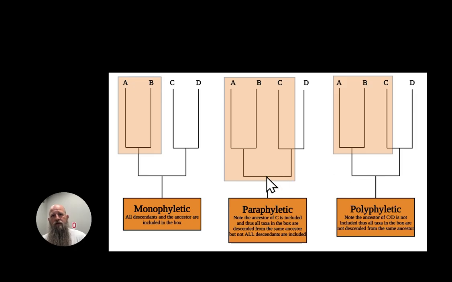So here we include it, so it's paraphyletic, ancestor included. Here it's not, so it's polyphyletic, right? So think about those terms when we talk about evolutionary relationships or phylogenies. The other thing to keep in mind is that sometimes you will see the term clade used instead of monophyly or a monophyletic group. So a monophyletic group is often referred to as a clade.